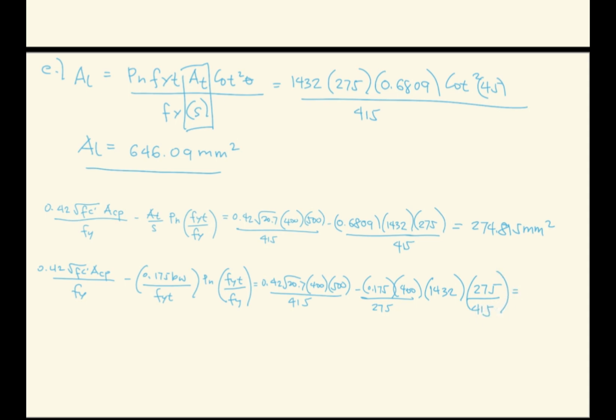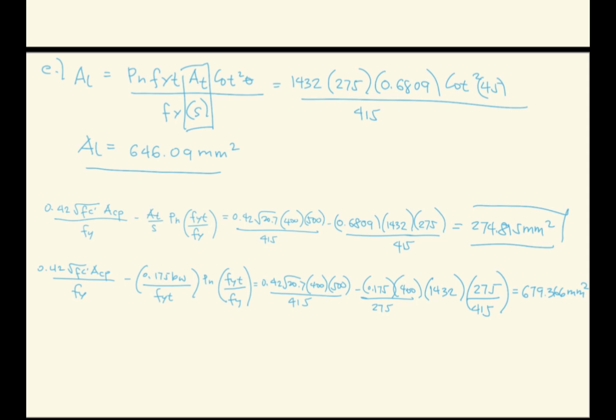This will give us 679.366 mm squared. So it is 274.815 that is lesser between these two values.